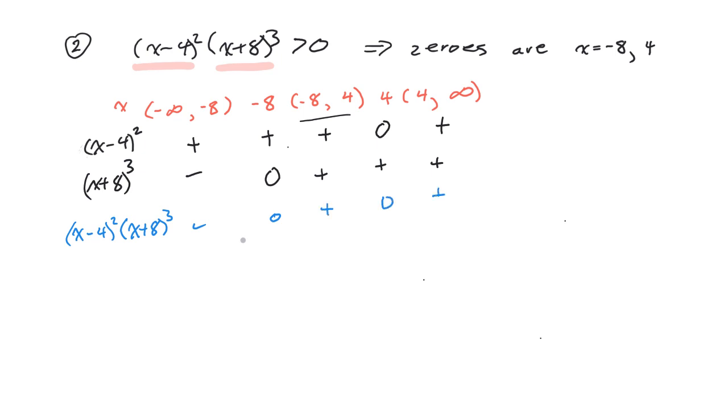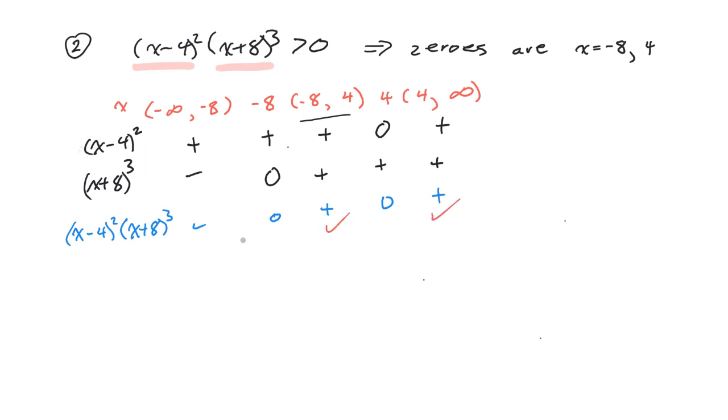So 0 and positive. We're looking for our original function to be positive, actually greater than 0. So all we need are the intervals for which we have positive values, and we have positive values here and here.